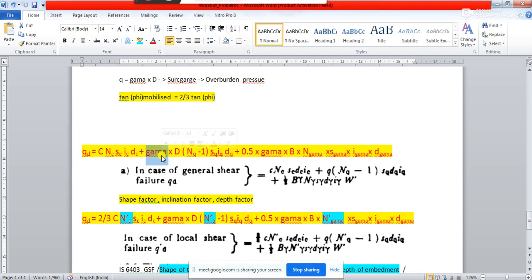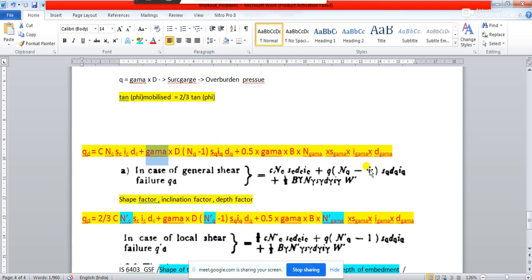Why has the code done it in this way? Below the base of the footing you cannot go and collect the soil sample. However, above the footing you can always take the soil sample and check what the value of gamma is when the water table rises. So if you apply the RW1 factor in this equation also in the Indian Standard Code, then ideally you will be reducing the value of this gamma, and that is perfectly okay.